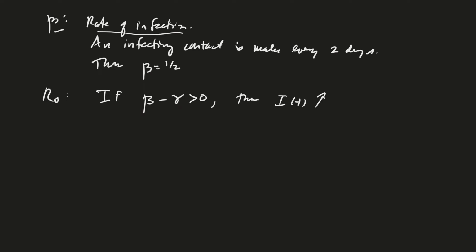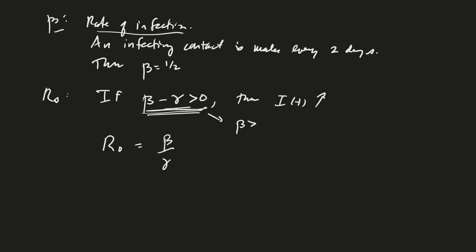So now that we have a feeling for what the relationship between beta and gamma is, the basic reproduction number, or reproductive number R0, is actually defined to be beta divided by gamma. So the idea here, what is this? If beta minus gamma is greater than 0, what does that mean?